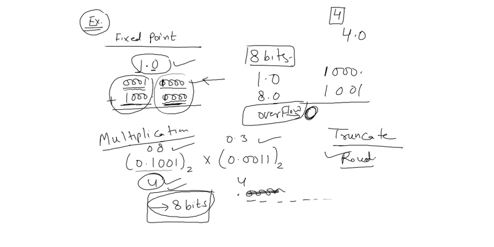No matter what, your fixed point algorithm considers the number as 4.0, not 4, because we have already assigned some bits to the integer part and some bits to the fraction part. So the fraction part will automatically be 0.